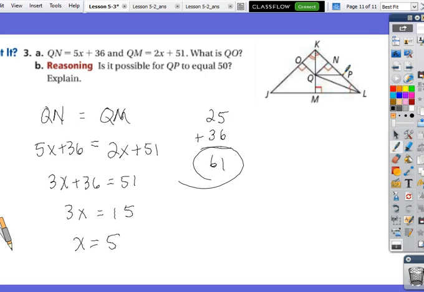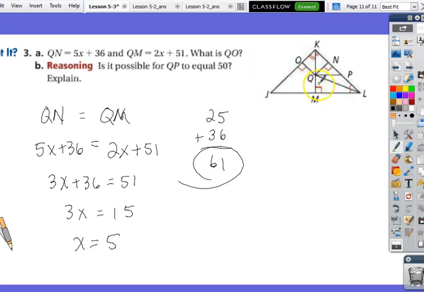It is. Now remember, distances are perpendicular, so QN can't be the distance and QP be the distance too. So the answer is QP is not congruent to these others, so QP doesn't have to be 61, but could QP be 50?